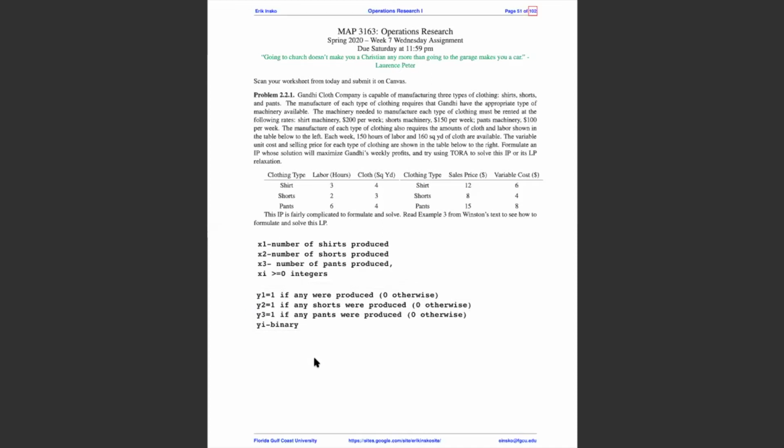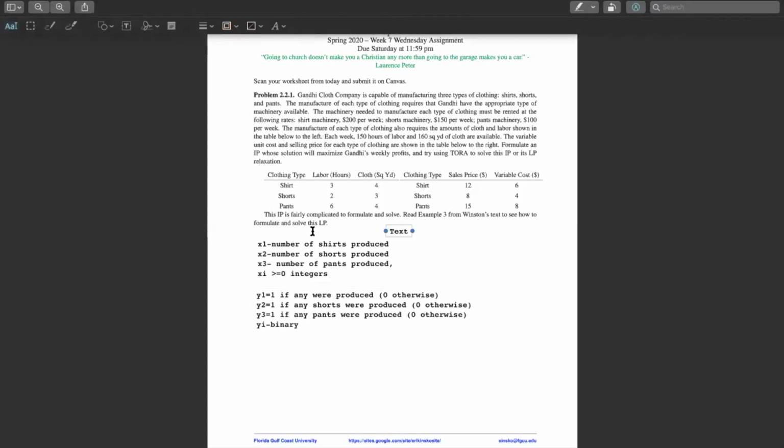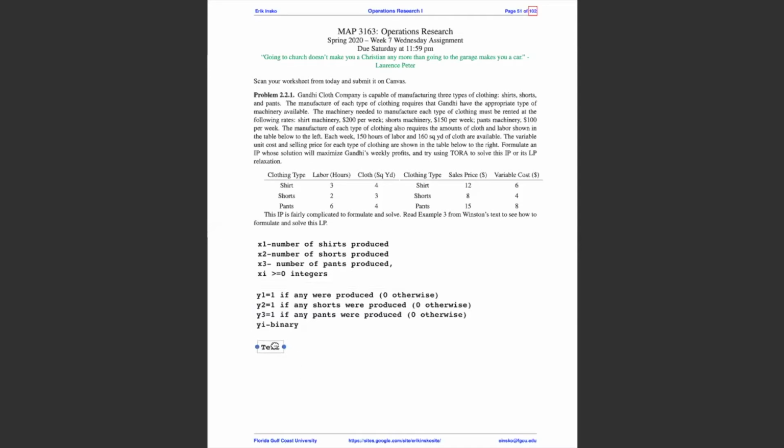So let's find out what we're looking for in the problem. We would like to maximize our profit, and we know that profit is equal to revenue minus the cost. So I'll first put down our revenue and cost functions.